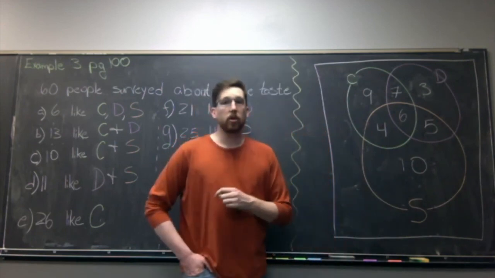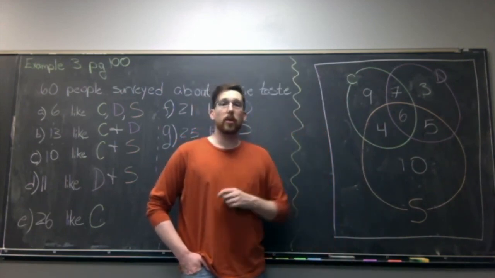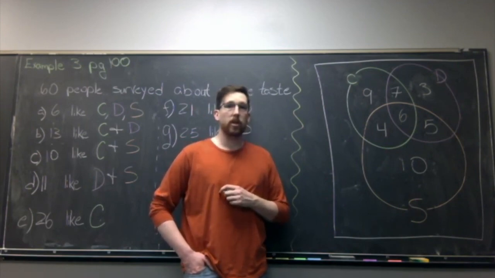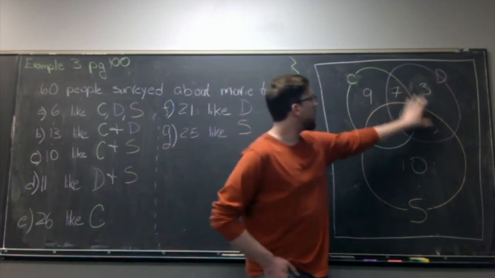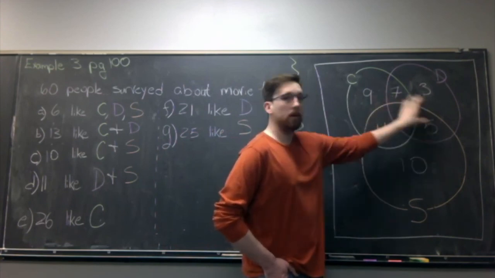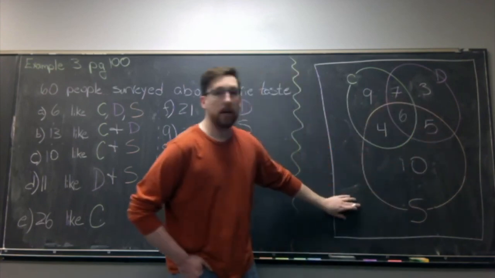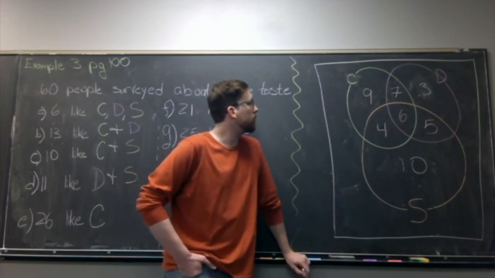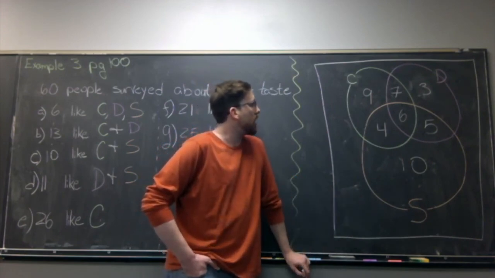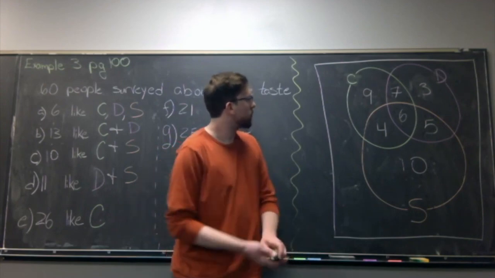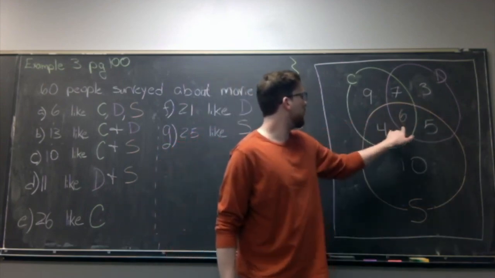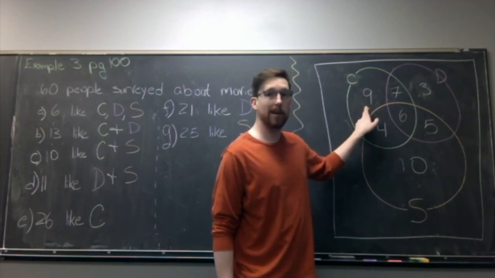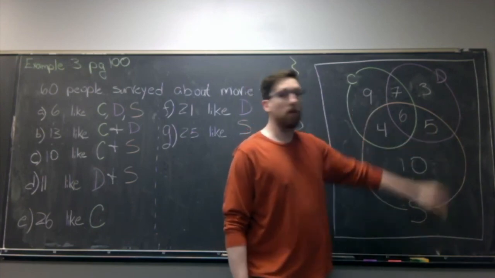And from here, we still have to do one last thing. We have to make sure that we've accounted for everyone. If we're missing anyone out of here, we need to put them out here. So, adding everything up, we've got 10, 20, 30, 30 plus 9, 39, 44.